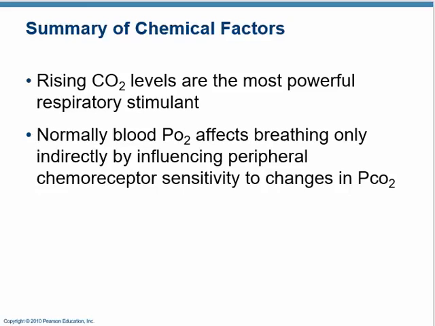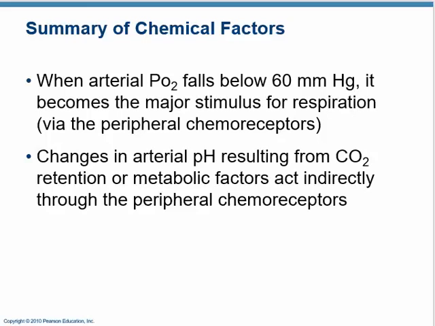So rising carbon dioxide levels are the most powerful respiratory stimulus. Lowering oxygen levels is only indirect and almost secondary. It has to drop below 60 millimeters of mercury before it becomes the major stimulus.